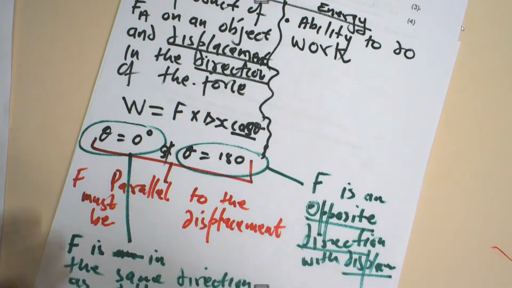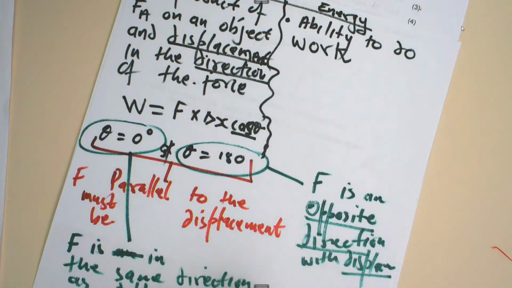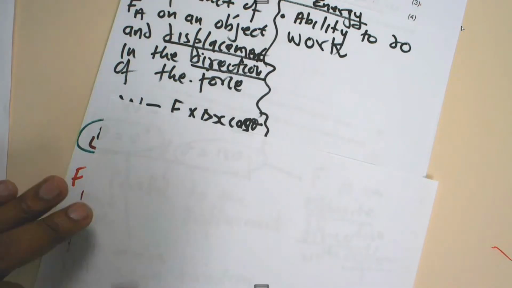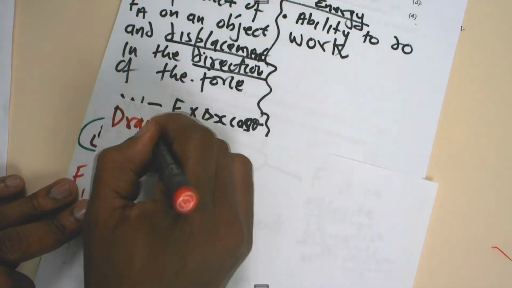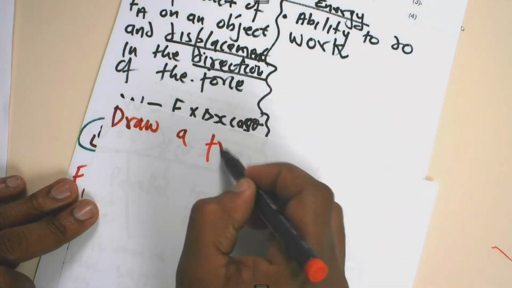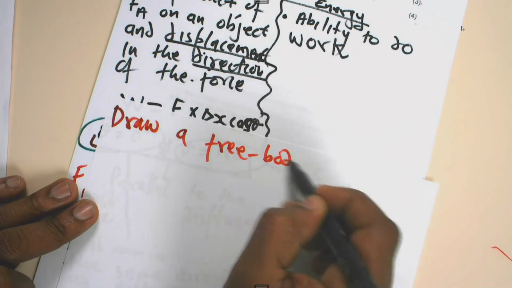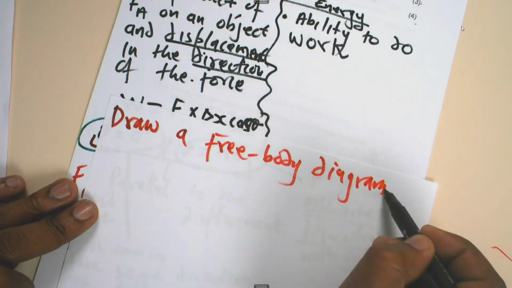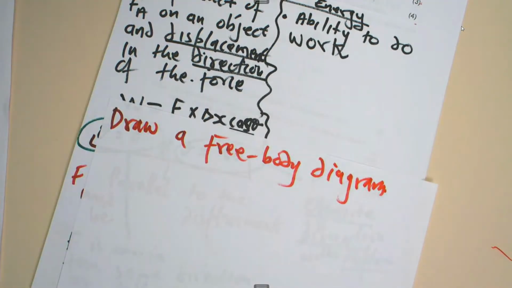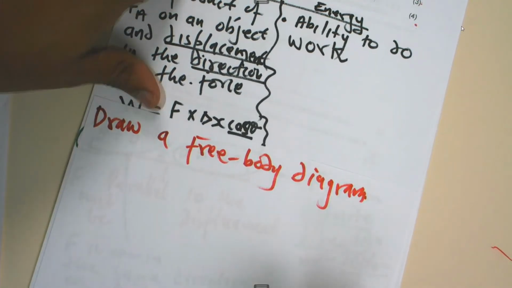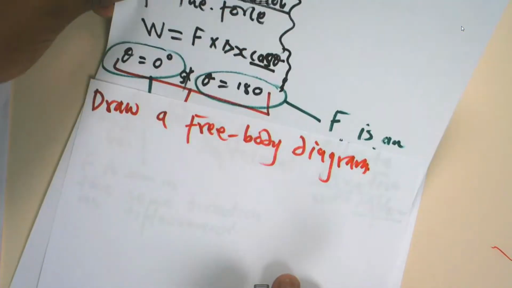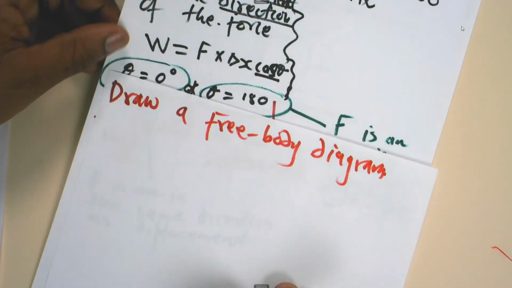But mostly and importantly, you need first to draw a free body diagram. The reason for drawing a free body diagram, whether asked or not, is for us to be able to identify the direction of the force, the forces that are doing work as well, and be able to choose the correct angle for our theta.